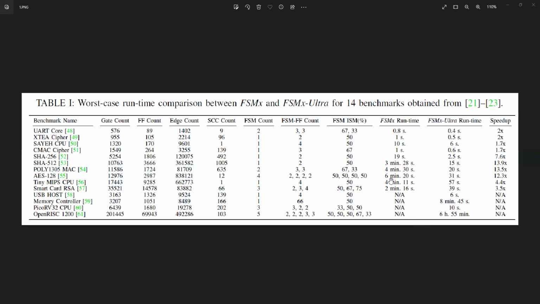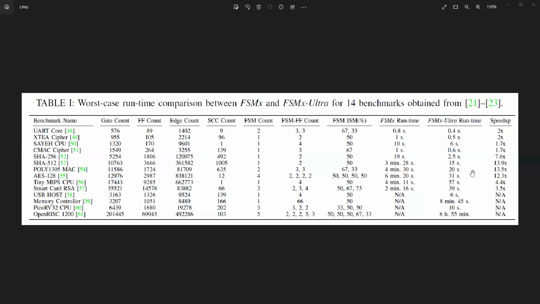Say for this AES 120 design from SecWorks, it took around 6.5 minutes using FSMx. But with FSMx-Ultra, you can analyze the same design and get all the FSMs within only 31 seconds. So this is significantly faster.